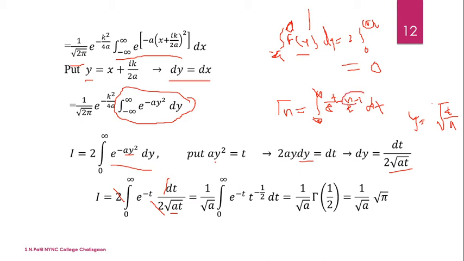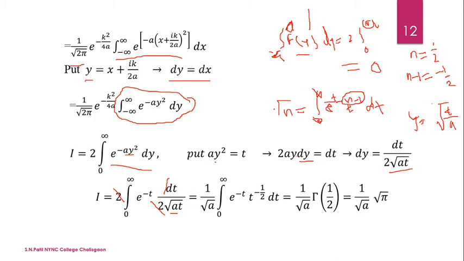So what will be the value of the gamma? Compare n minus 1 with this minus half. That is, n minus 1 is equal to minus 1 by 2, so we get the value of n is 1 by 2.